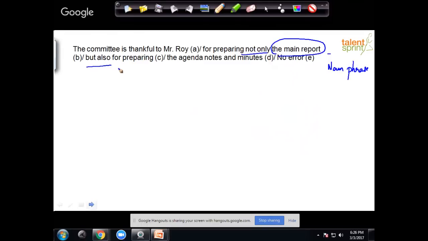But "but also" is not followed by the noun phrase. The noun phrase is here, the agenda notes. What is happening here? I have this "for preparing," which is not necessary, right? If "not only" is followed by a noun phrase, I need to make sure that "but also" is also followed by a noun phrase.